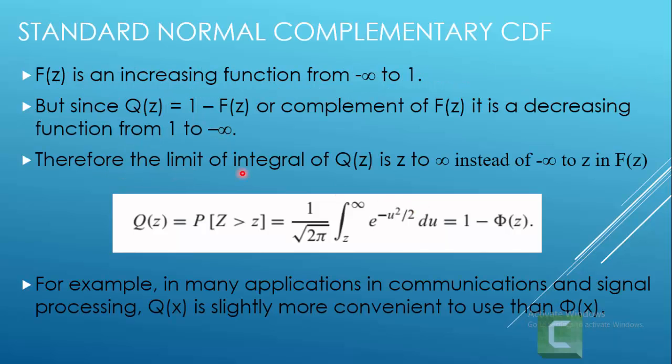Therefore, the limit of the integral of Q of z is z to infinity instead of minus infinity to z. We can see that here in this integral, the limit is now from z to infinity, whereas before it was from minus infinity to z. In many applications in communications and signal processing, Q of x is slightly more convenient to use than Phi of x, or F of z.